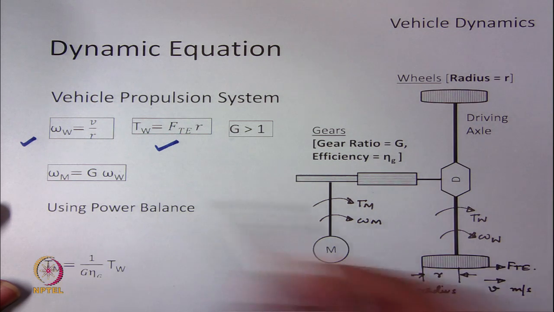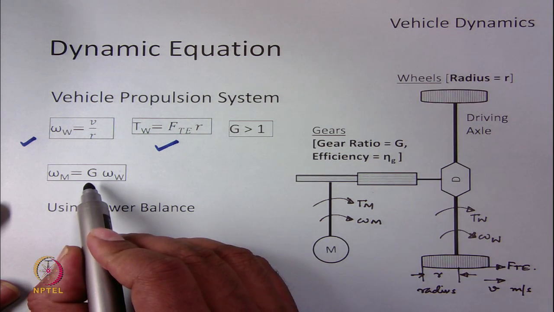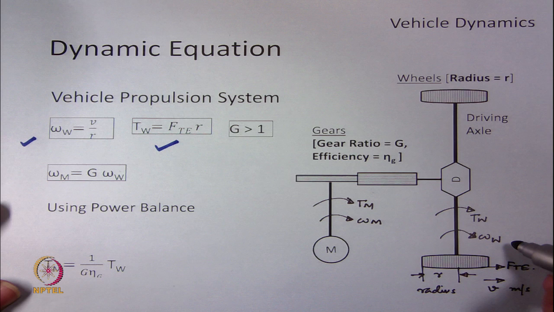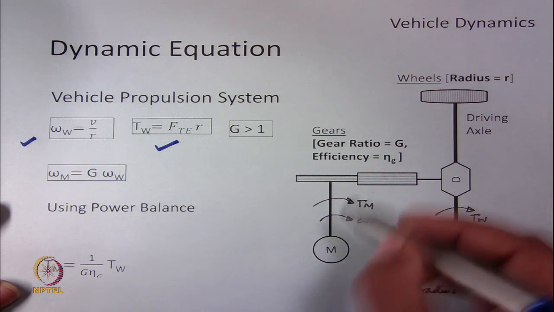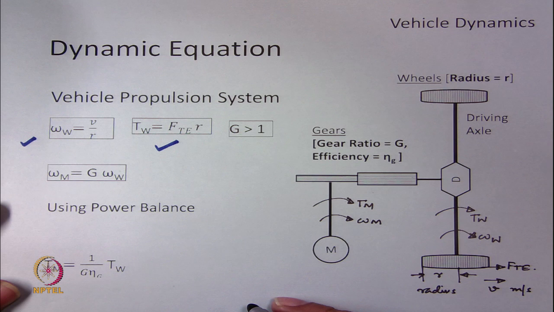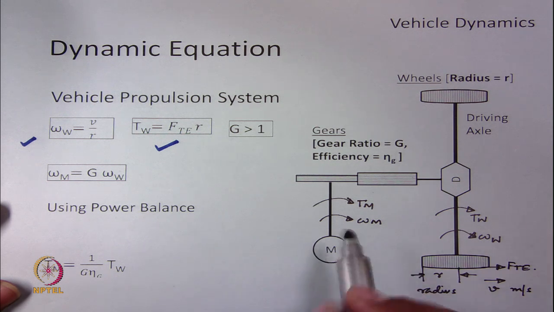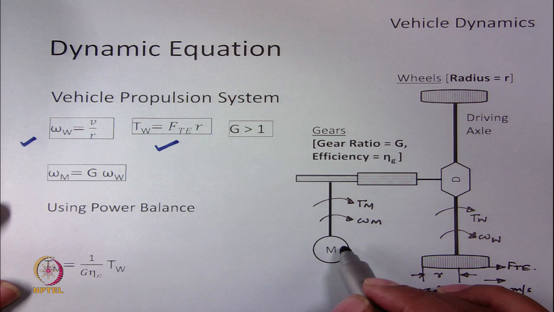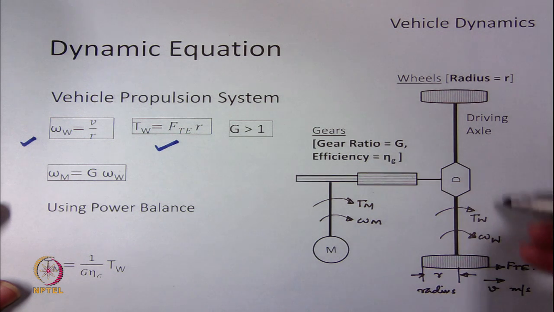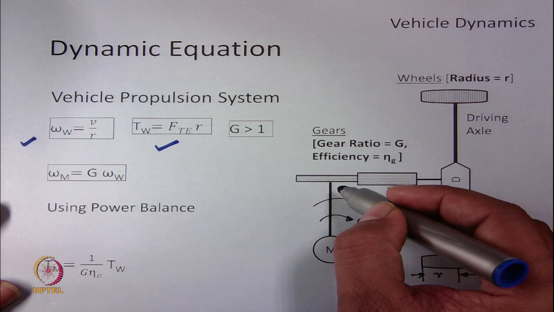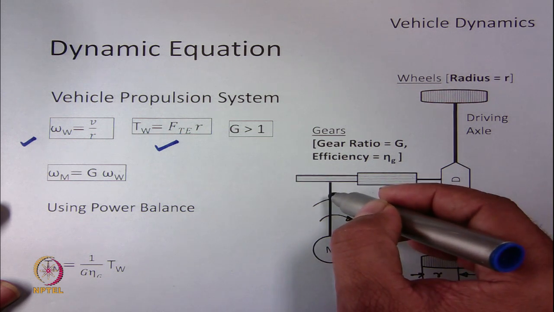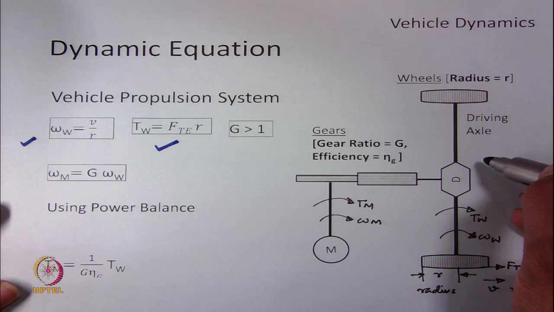So, we can say that omega m is G into omega wheel. In an electric vehicle drivetrain, generally the speed of the motor is higher while the speed of the wheel is lower. So, speed is reduced from the motor side to the wheel side.